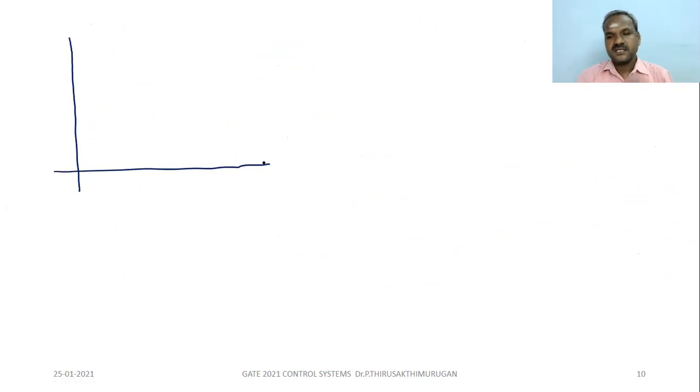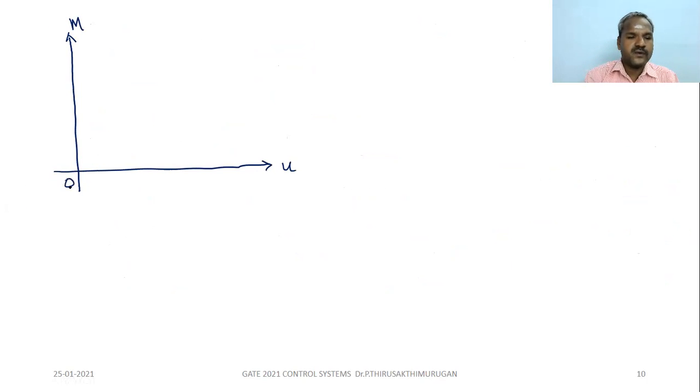We can draw the curve. So keeping zeta constant, we don't know the actual value of zeta. So keeping zeta value constant, the magnitude versus frequency. This is u, not omega, right? U, this is 0.